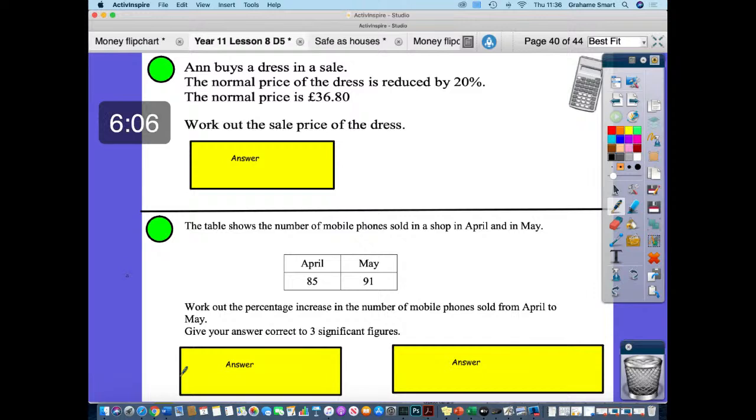I'll go through these easier ones quite quickly because I really want you to get onto the harder ones.